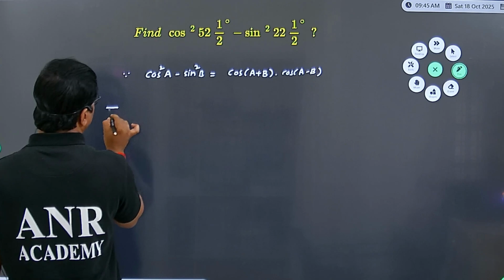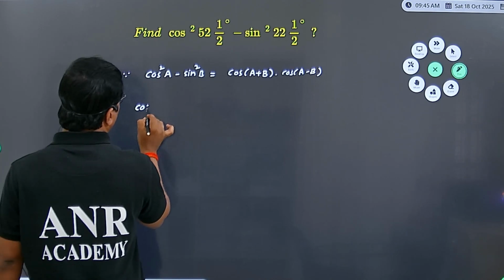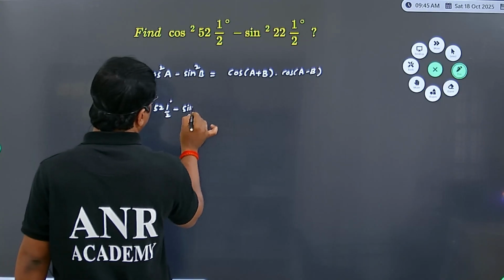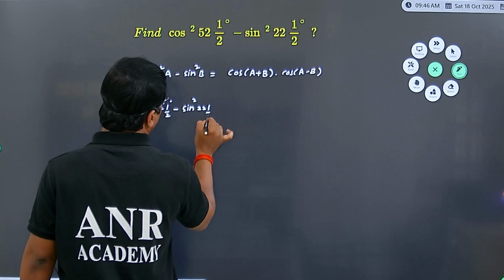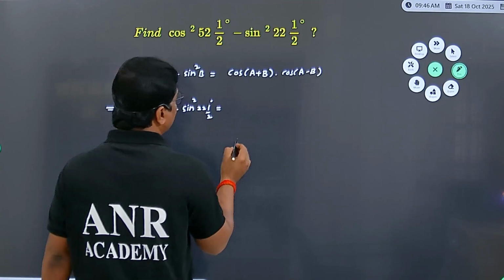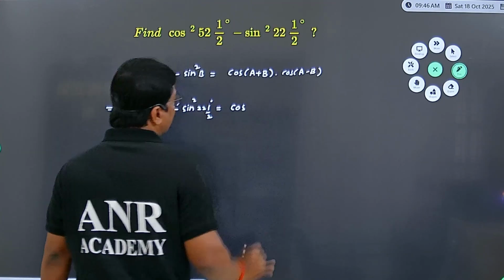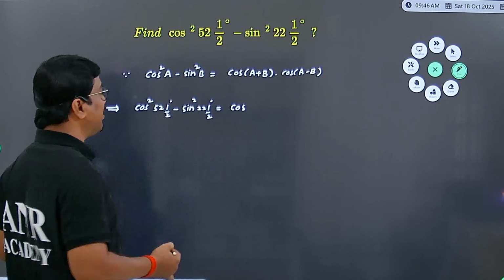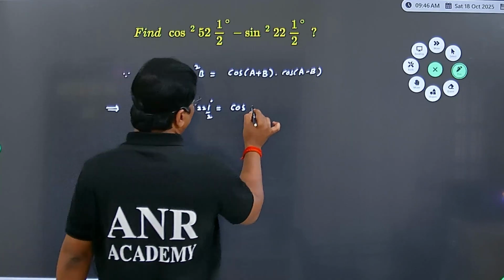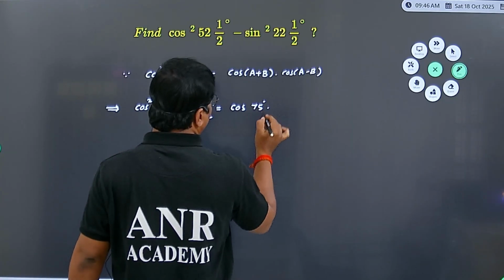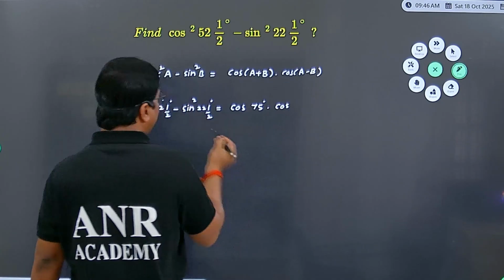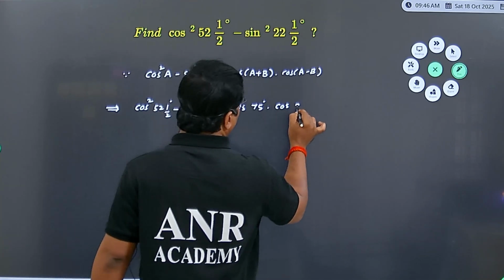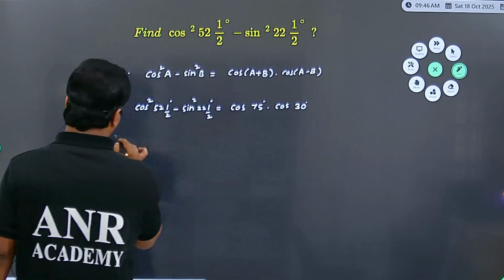Using this, we can write cos square 52 and half minus sin square 22 and half degrees equal to cos of a plus b, here 52 and half plus 22 and half, that is 75 degrees. Next, cos of a minus b, 52 and half minus 22 and half is clearly 30 degrees.